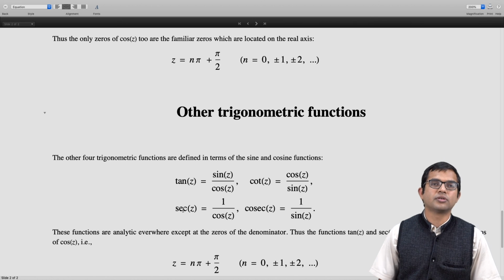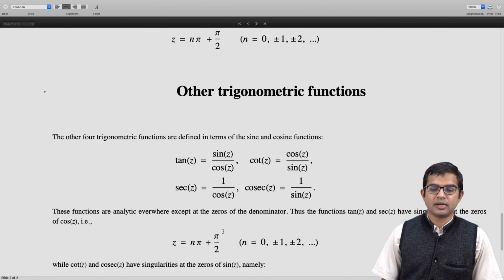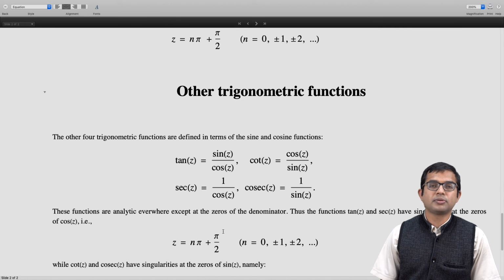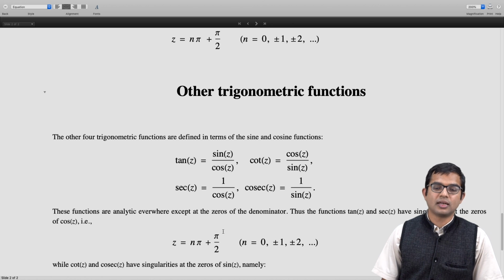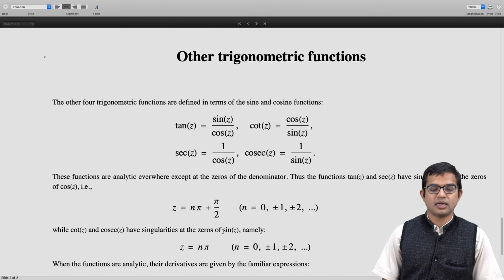Tan of z and secant of z, both of these are analytic everywhere except at these points, z is equal to n pi plus pi by 2, where n is some integer. And again, cot of z and cosecant of z, both of these functions are analytic everywhere in the complex plane except at these points on the real axis where sine of z has a 0. These are the points z is equal to n pi, where n is an integer.